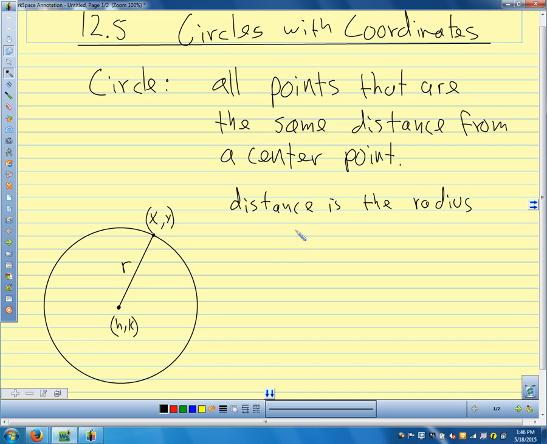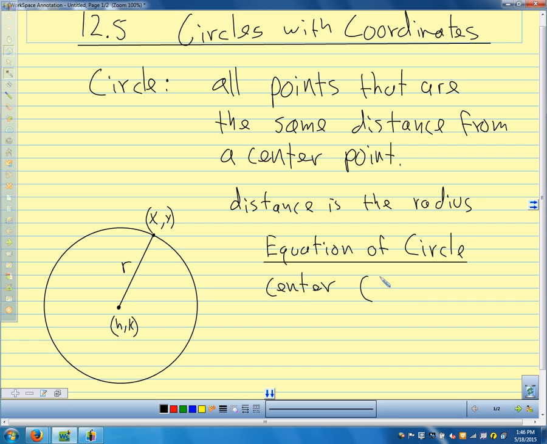We use the distance formula to come up with the equation of a circle, just like we can have an equation of a line or the equation of a parabola. Our center is at the point HK, and our radius is r.